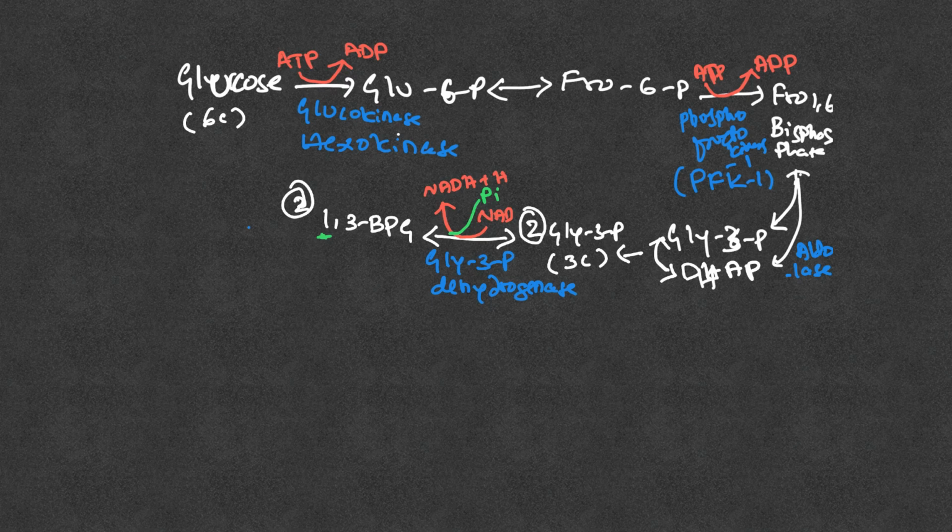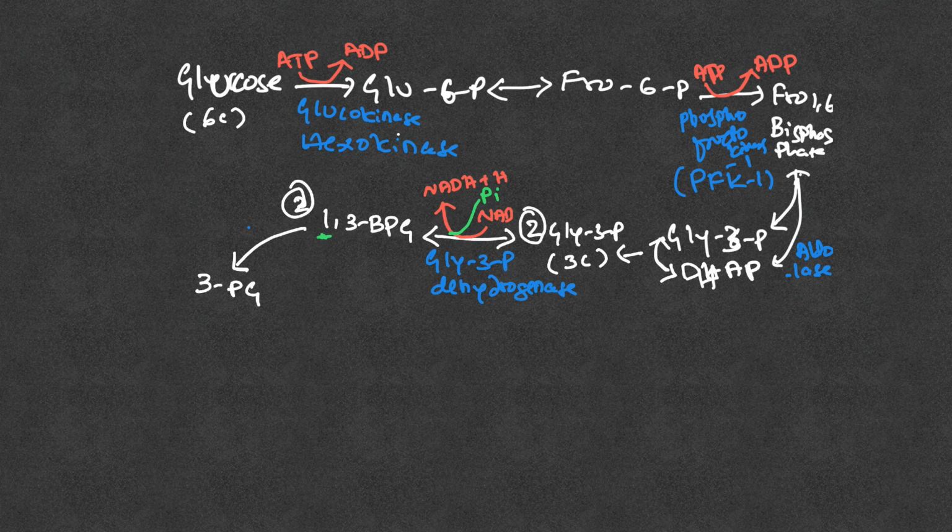So anyway, now 1,3 bisphosphoglycerate is basically one of the energy molecules that contains a high energy phosphate bond. So what happens is 1,3 bisphosphoglycerate will undergo a dephosphorylation process and become 3-phosphoglycerate. So 1,3 bisphosphoglycerate becomes 3-phosphoglycerate.